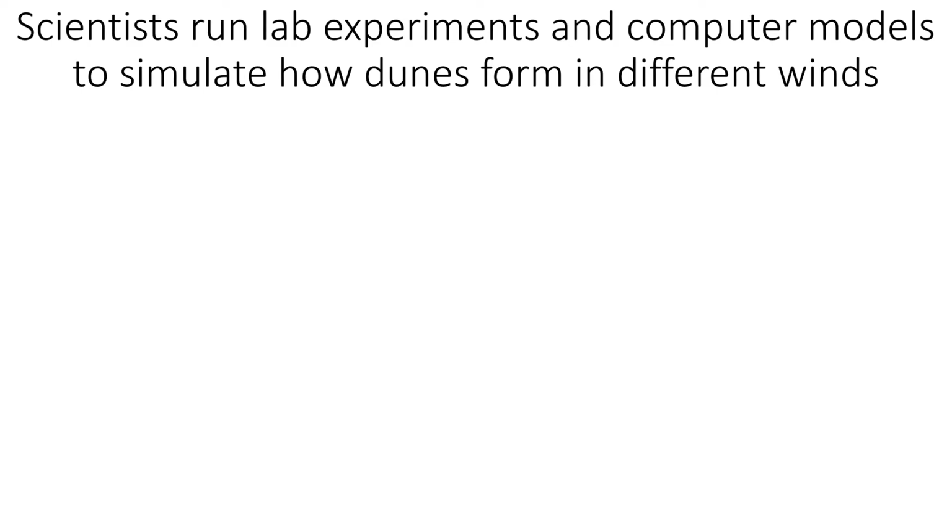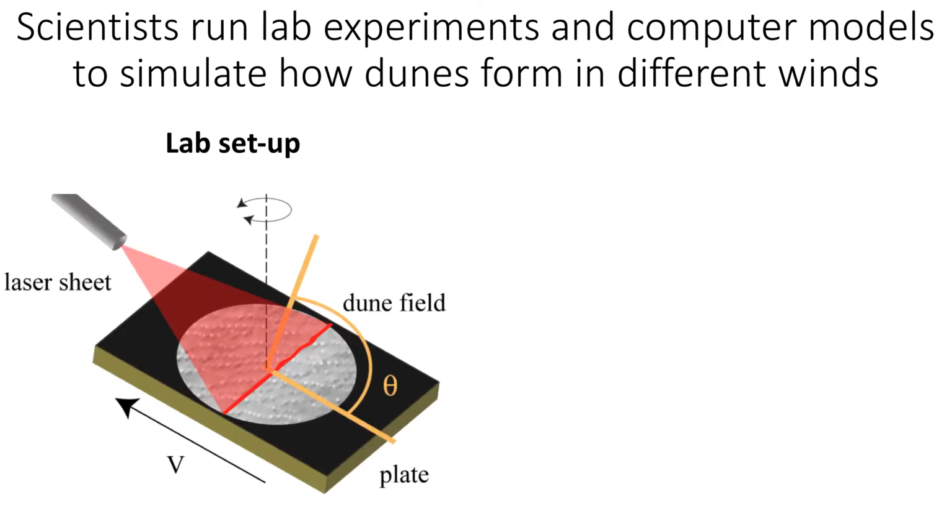So scientists have run lab experiments and computer models to simulate how dunes form in different winds. This is an example of a lab setup where you basically have wind that's always coming from one direction, but you have a dune field, a big sand pile here, and you rotate the sand pile. So it simulates being able to have wind from multiple directions.